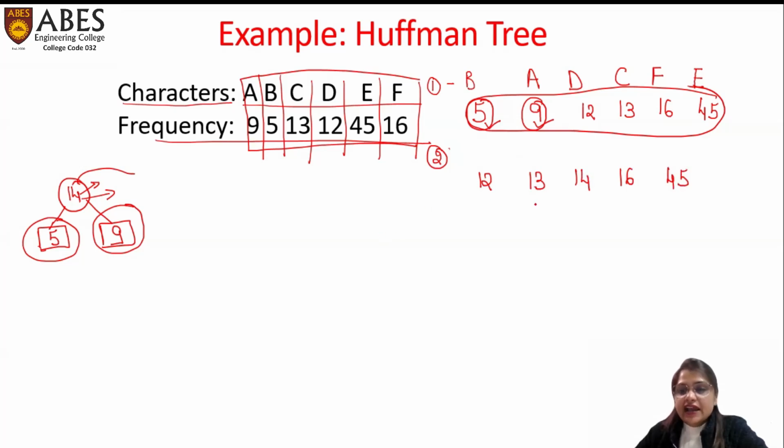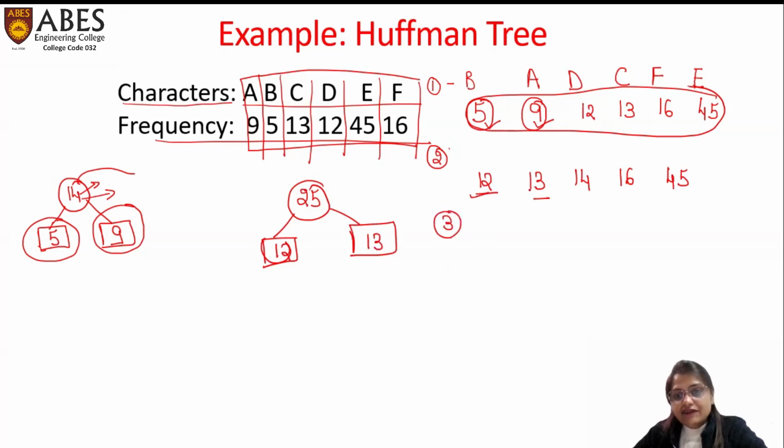Then again I will extract the two minimum nodes, 12 and 13, and their sum will be 25. On the left, the first extracted node, 12, will be reflected, and as a right child, the second extracted node will be represented. These two have been traversed, so we will not encounter them again.